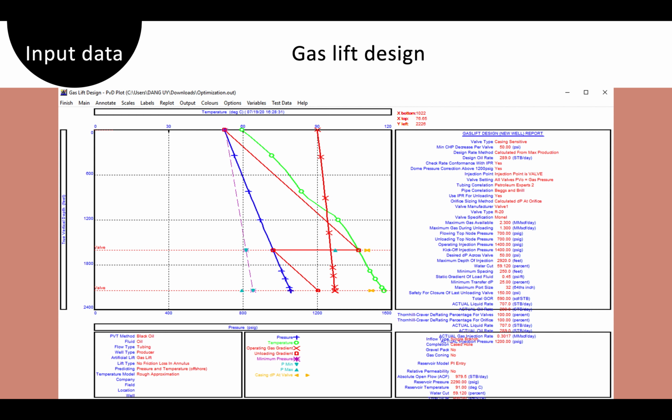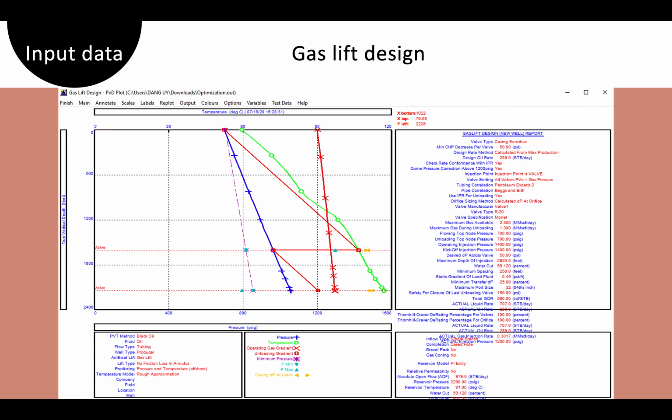The red line is the operating gas gradient. It tends to be nearly vertical, and the angle here is nearly 15 to 20 degrees.